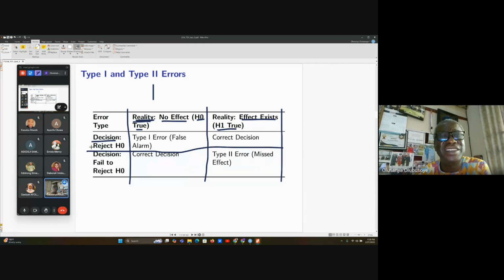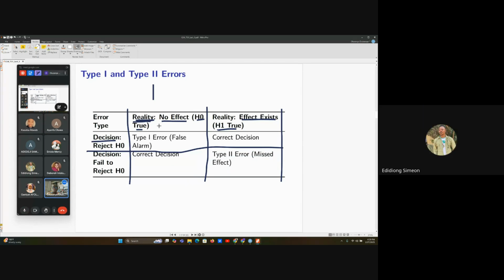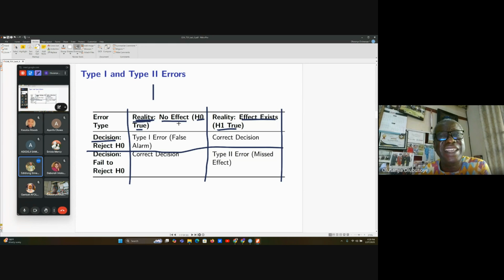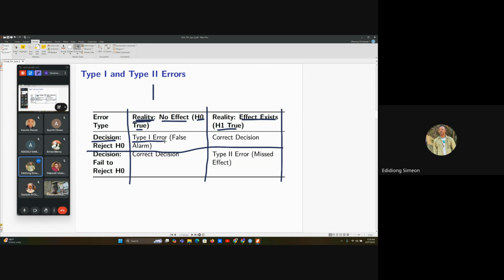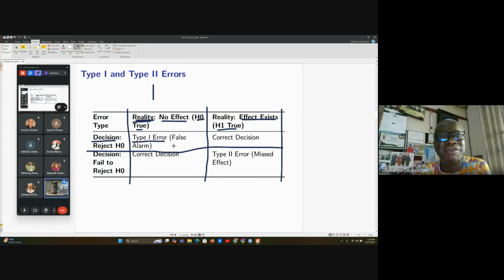If our decision is to reject H naught, remember the reality is that H naught is true. Because H naught is true, but our decision is that we have rejected it, what have we committed? Type 1 error. That is, we are raising a false alarm.